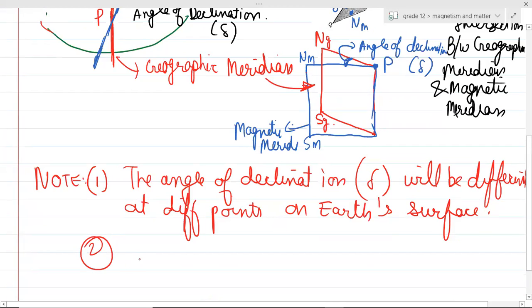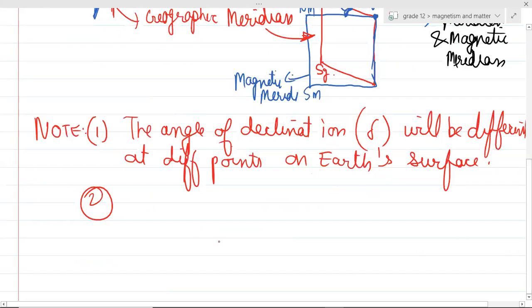See, for example, suppose you are in the merchant navy or you are a sailor. So you decide that you want to reach the true north, right?